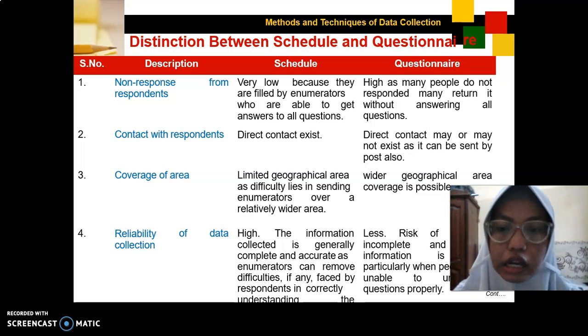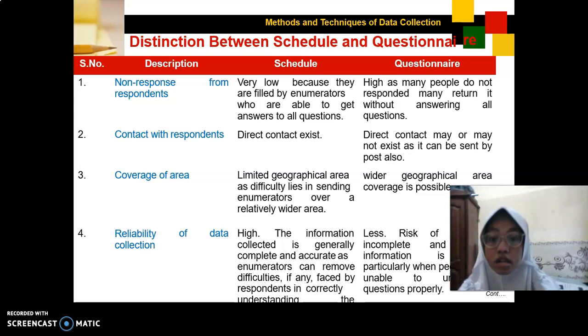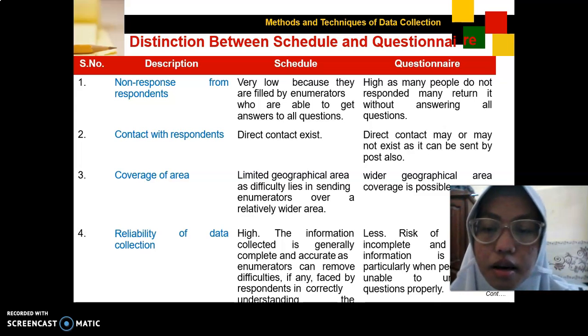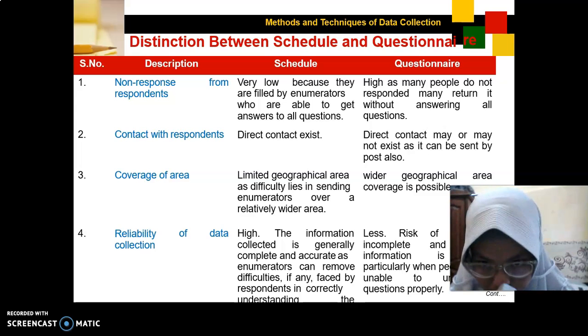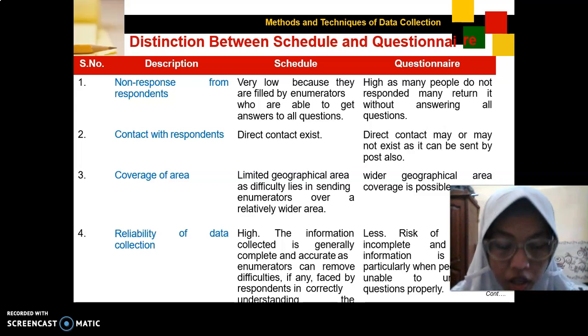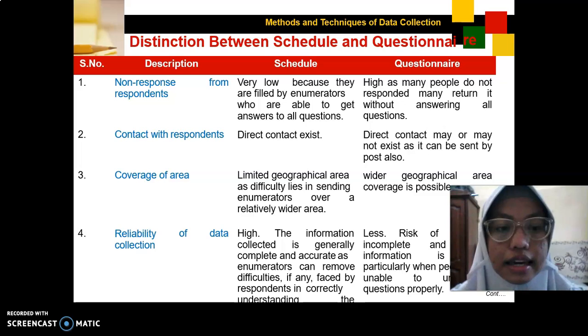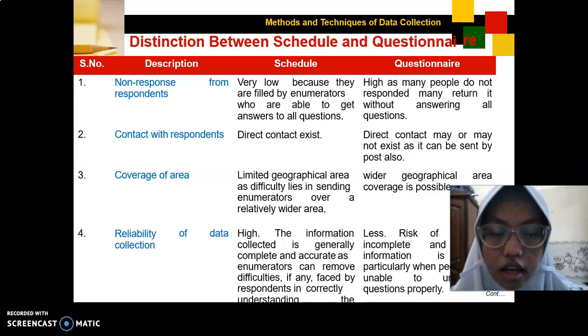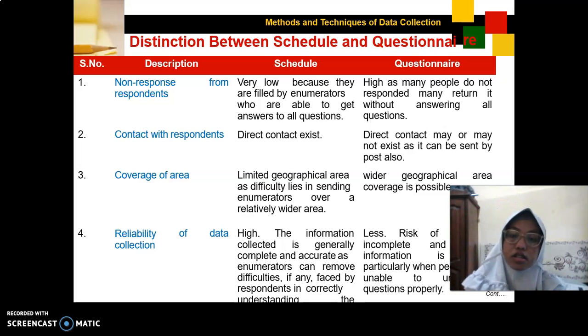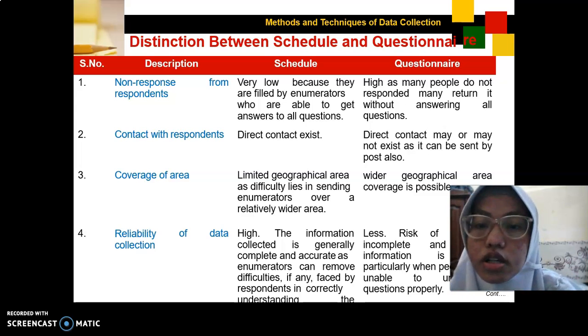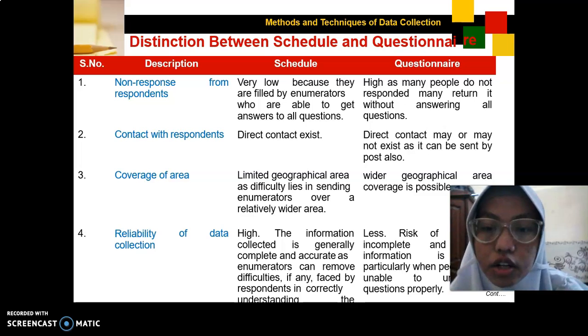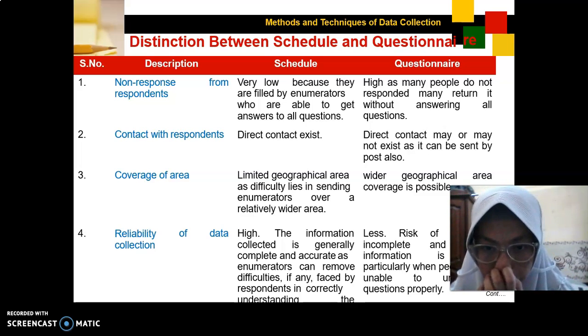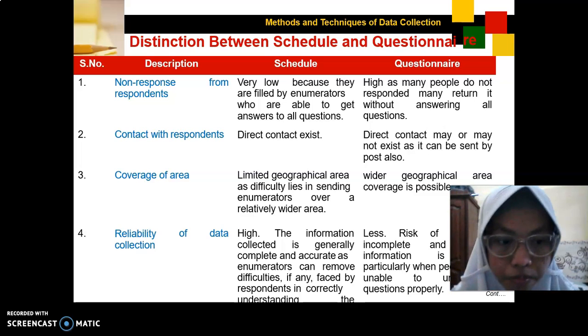But in the questionnaire, it is high, as many people don't respond or return it without answering all questions. The second one, contact with respondents. In schedule, direct contact exists. But in questionnaires, direct contact may or may not exist, as it can be sent by post also.